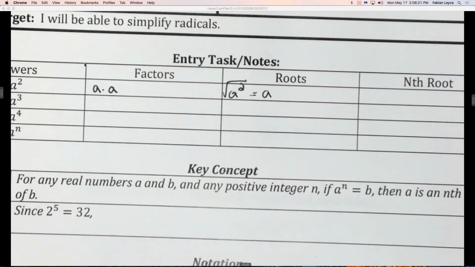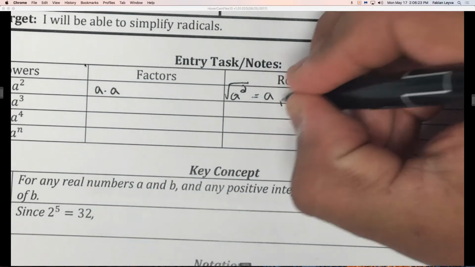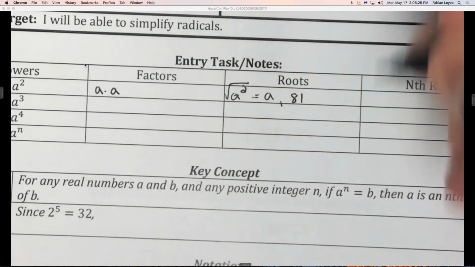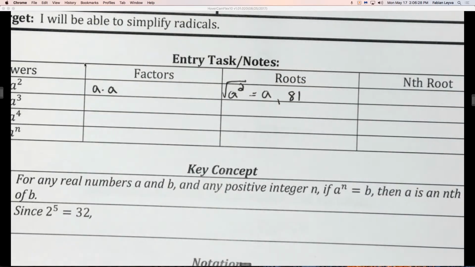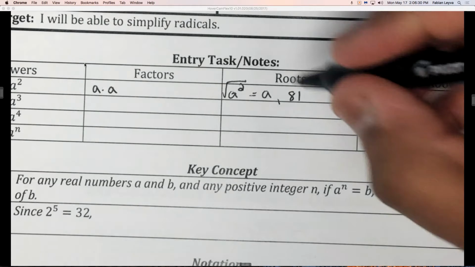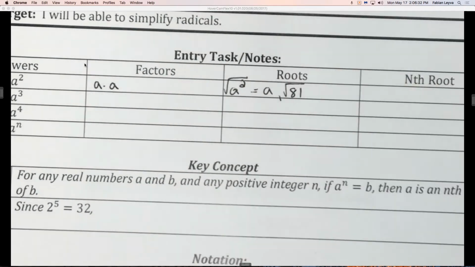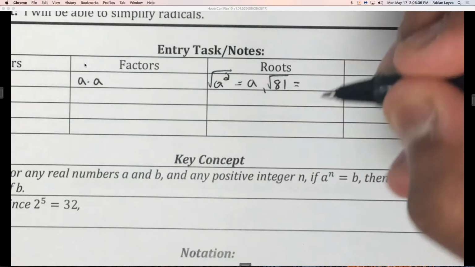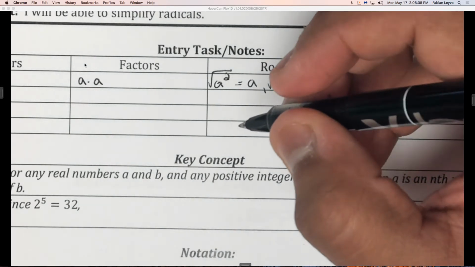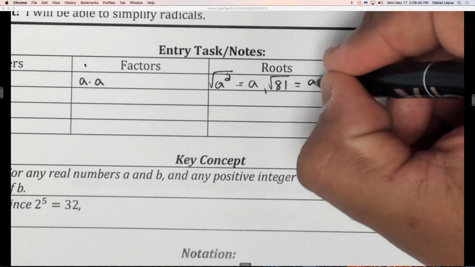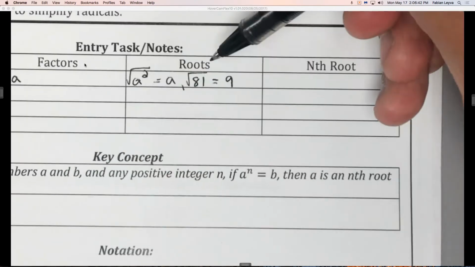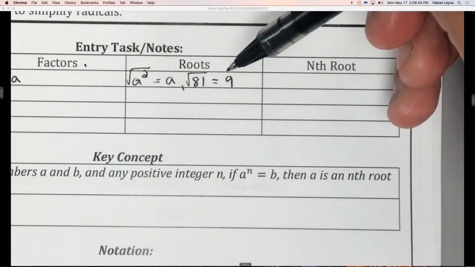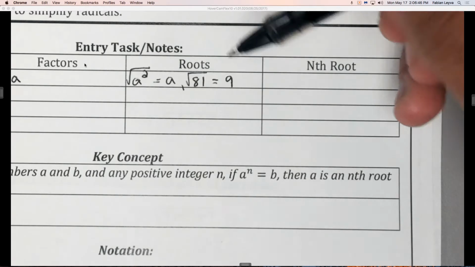Now let's choose a number to make it make a little more sense. Let's say I have the number 81. And for some reason, I want to come up with a number that multiplies itself to equal 81. Well, what I'm really doing is finding the square root of that number. And what multiplies itself to equal 81? 9. Absolutely right. Now, keep in mind that there's a certain naming, kind of like a saying.